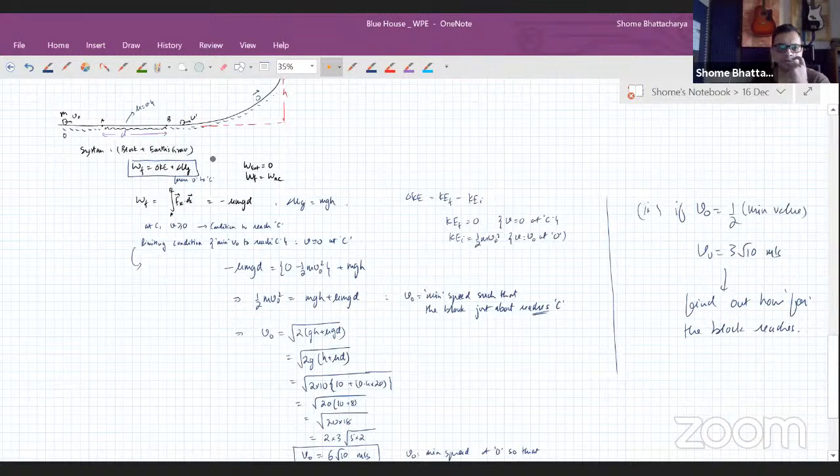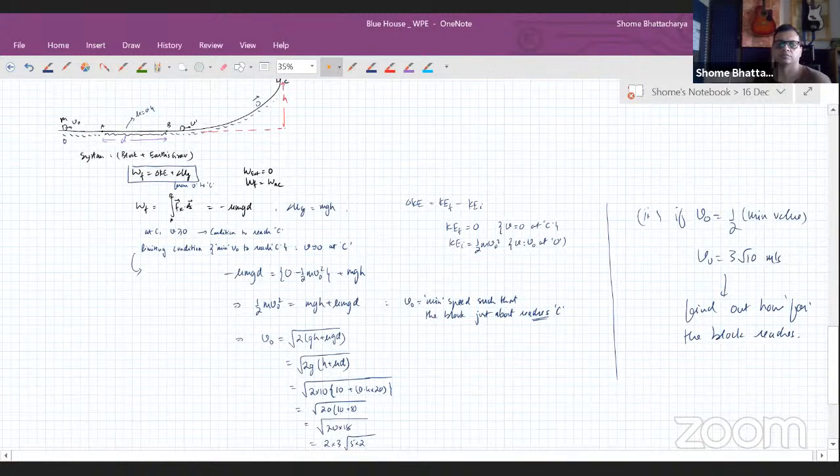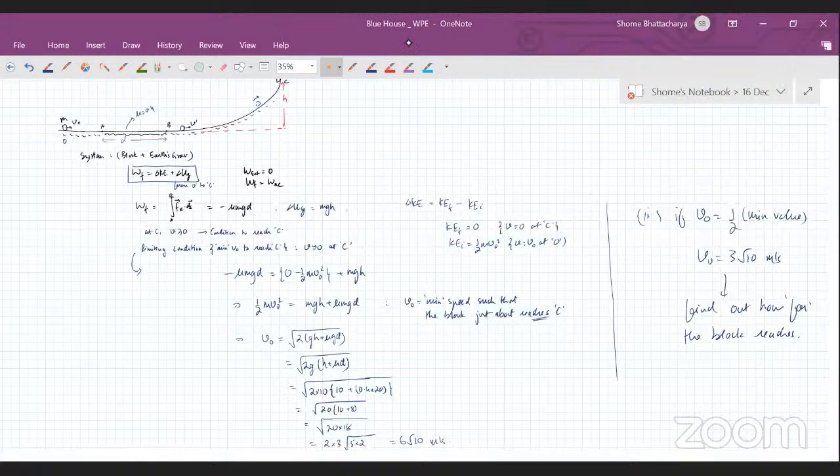Does it cross the point B? If it crosses the point B, how far up does it go on the curved incline? Okay, so just work this out quickly, people. Take this down and work out the second part yourself.